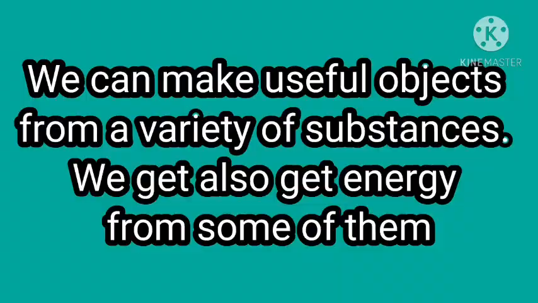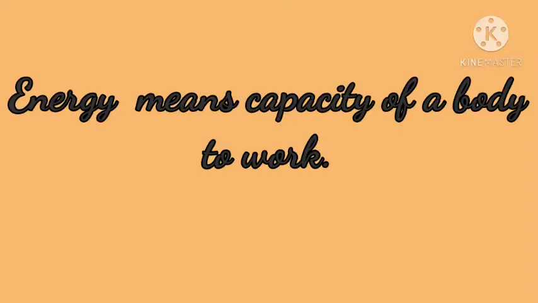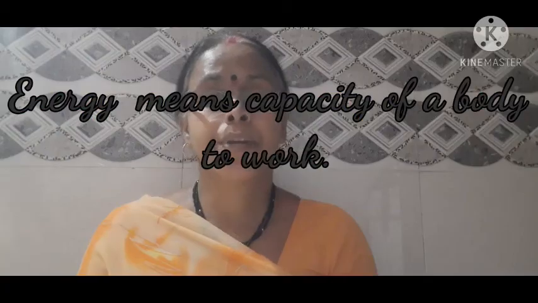We make use of objects from a variety of substances. Another use of substances is that we get energy from some of them. What is energy? Energy means the capacity of a body to do work.